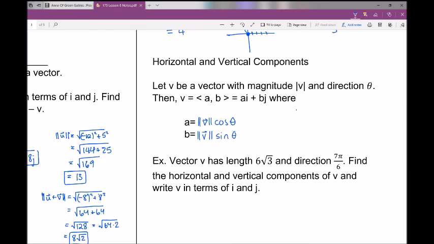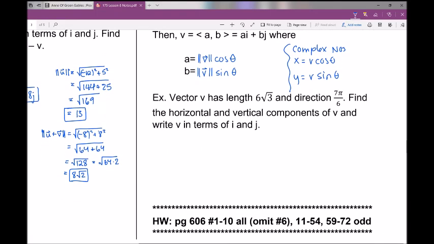So if you think back to the complex numbers, when we started in that polar form and we wanted to go back to rectangular, remember we did x is equal to r cosine theta and y is equal to r sine theta. So this is the same idea. It's the same formula. We're just rewriting r in terms of a vector, and of course your radius of a vector is going to be its magnitude. Okay? So let's do one last example.